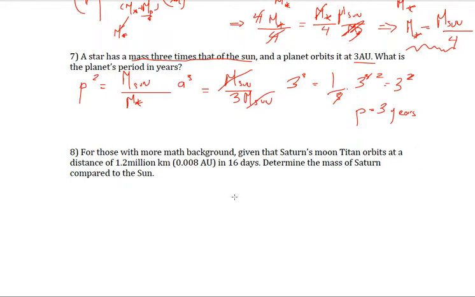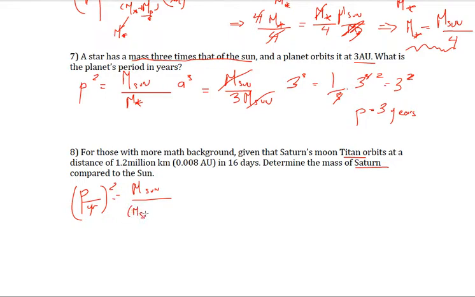The last example is very similar, but just a little bit more abstract, because here we're thinking about Saturn and a moon Titan. So we're using the equation period in years squared equals the mass of the sun, because remember, we're just referencing this to the orbit of the Earth, so we get rid of these annoying constants, times the mass of the system.